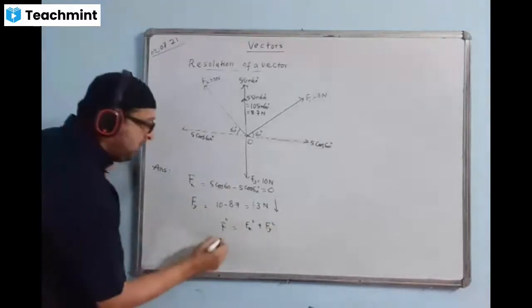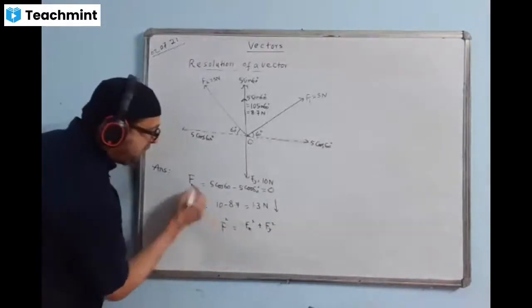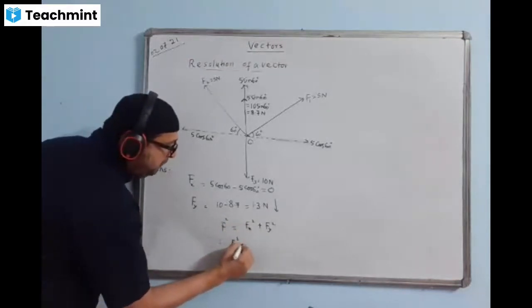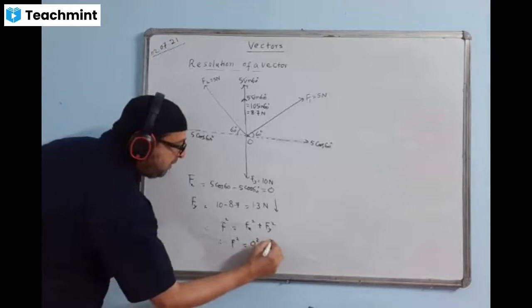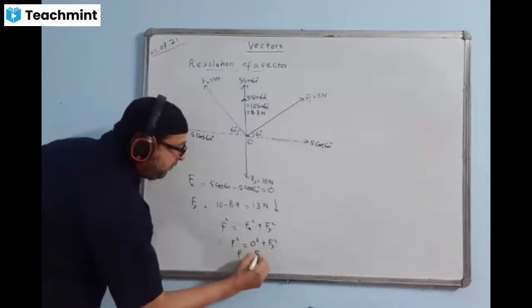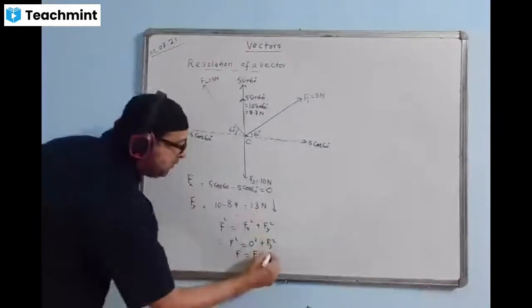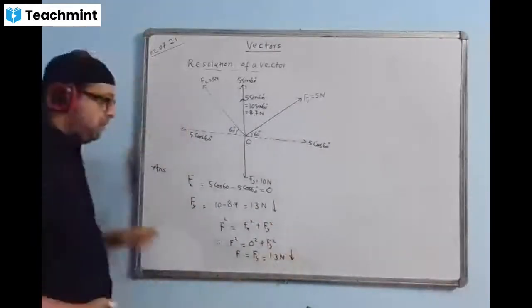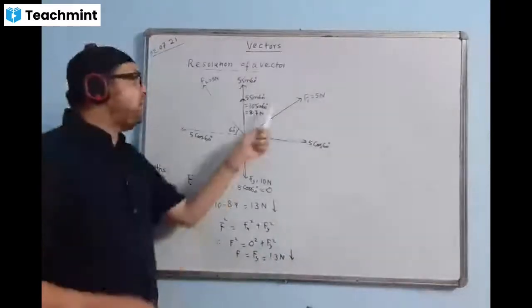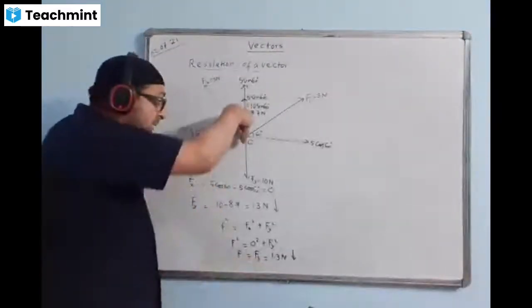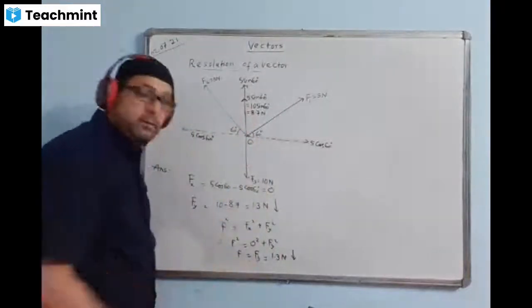Since Fx is 0, F square is equal to 0 square plus Fy square. 0 is nothing, so F will be equal to Fy, and Fy value is 1.3 Newton, with the direction downward. Then what is the total force acting here at the point O? 1.3 Newton, in the vertically downward direction.